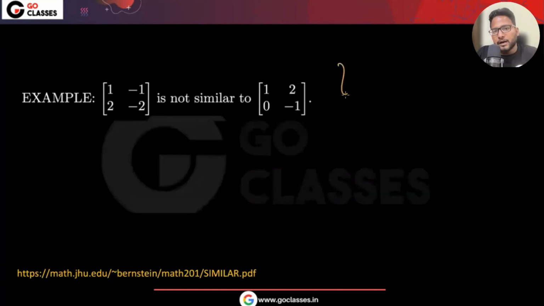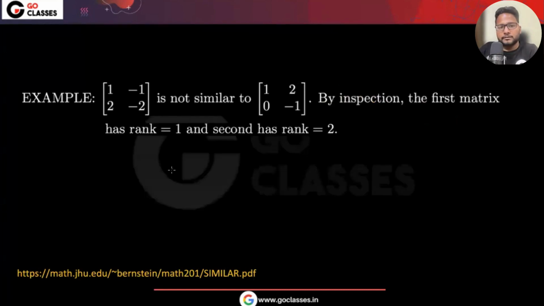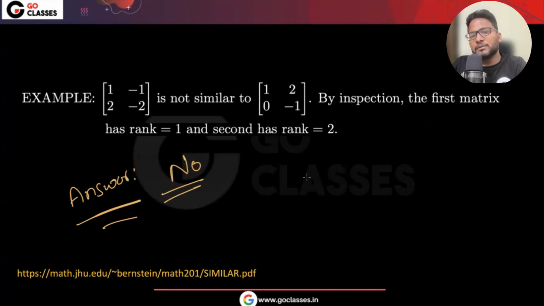So tell me, are these matrices similar? Then the answer is no, right? You can check the rank, you can check the trace, or whatever you like to check. If it is a counterexample, it is very easy to check.